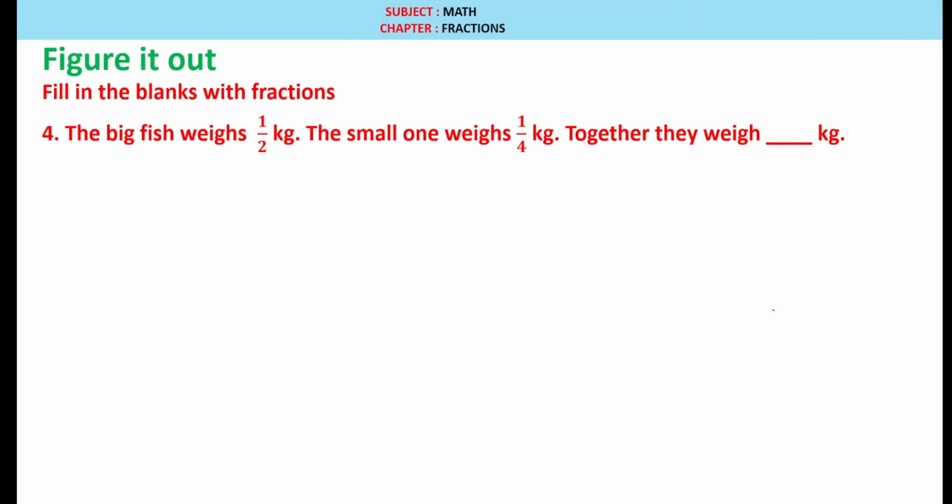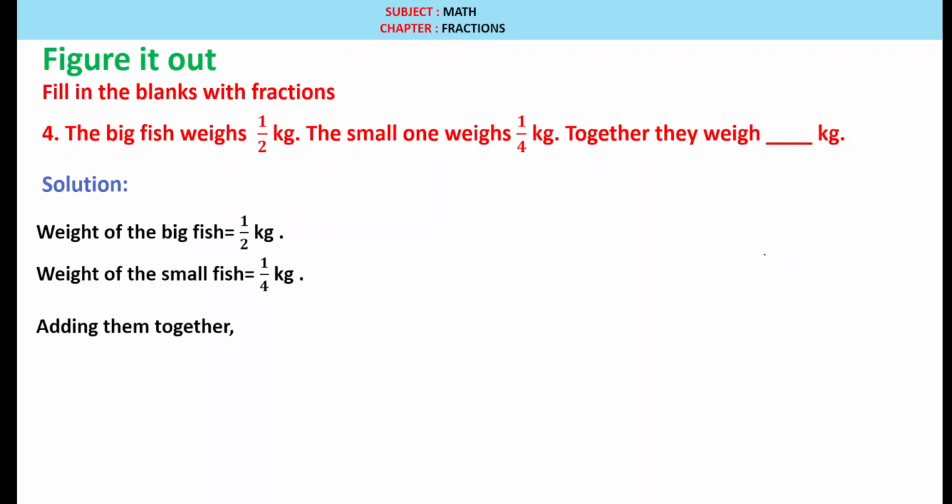Let us see, fill in the blanks. Fourth question. The big fish weighs half kg and the small one weighs 1/4 kg. Together they weigh dash. Here the big fish weighs half kg. The small one is 1/4. So together means we need to add 1/2 plus 1/4.